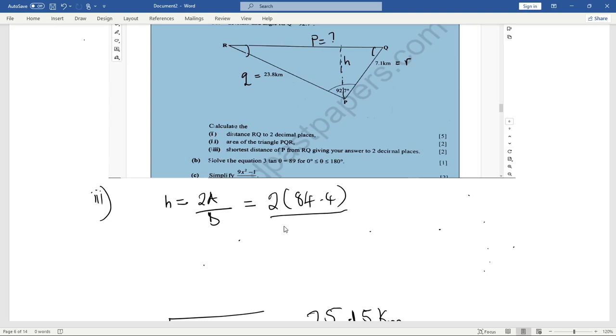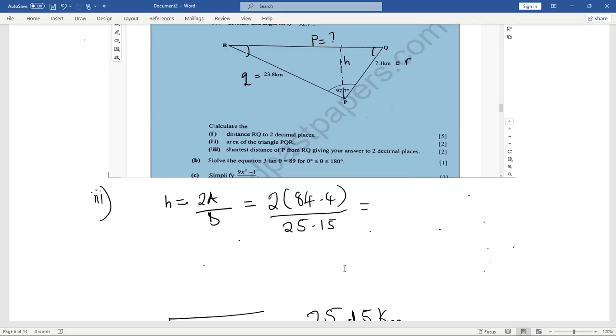We found it to be 25.15. Let me just erase that. 25.15 like this here. So let's go ahead and punch these values on the calculator.